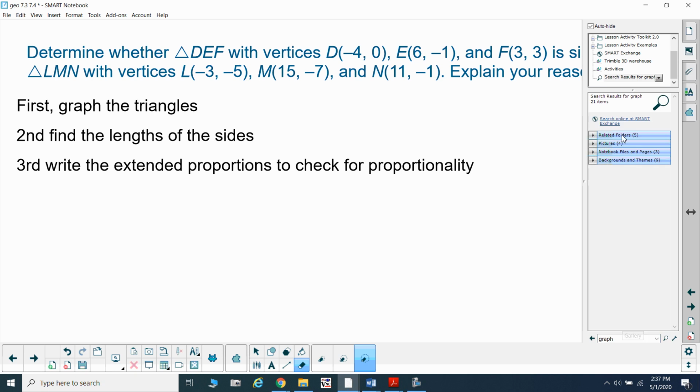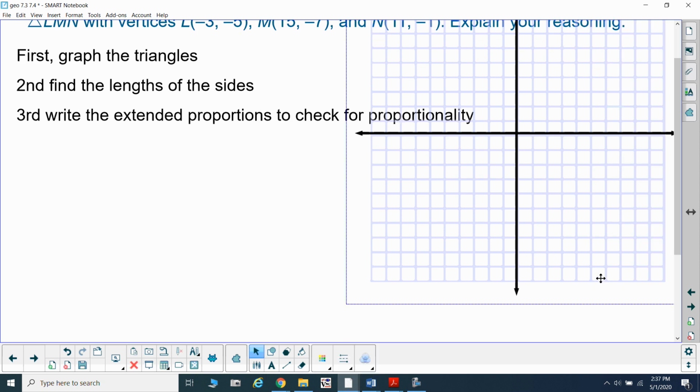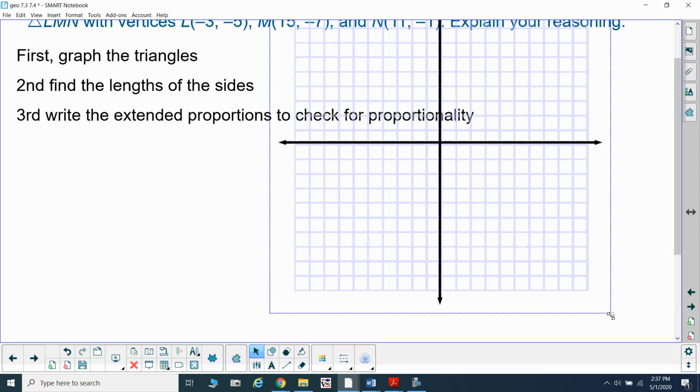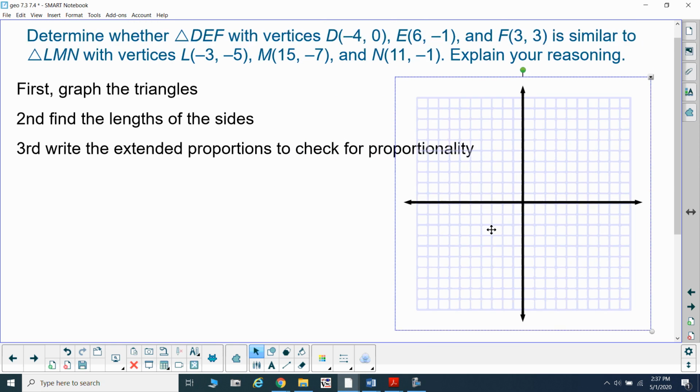All right, so if we were going to graph these two, let me make it a little bit smaller. Negative 4, 0. 1, 2, 3, 4, 0. 6, 1, negative 1. 1, 2, 3, 4, 5, 6, negative 1. And 3, 3.